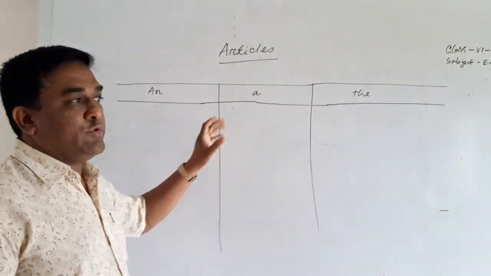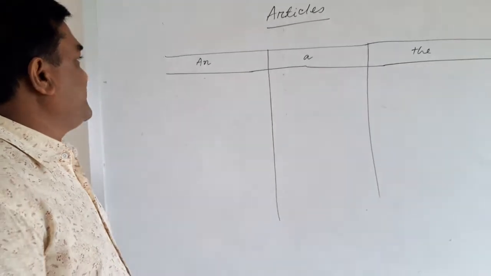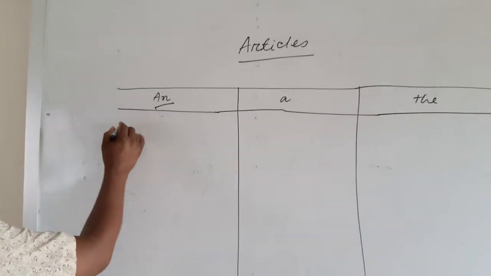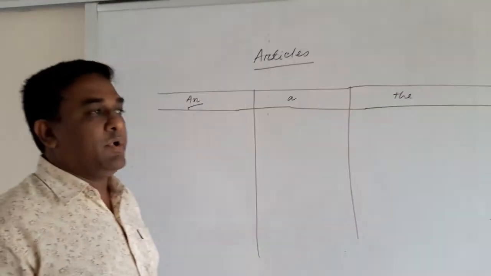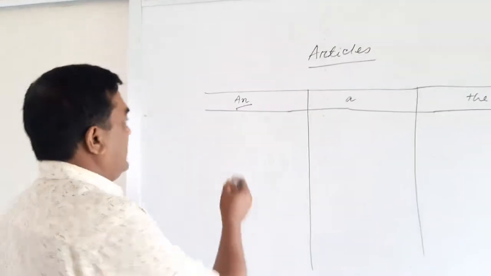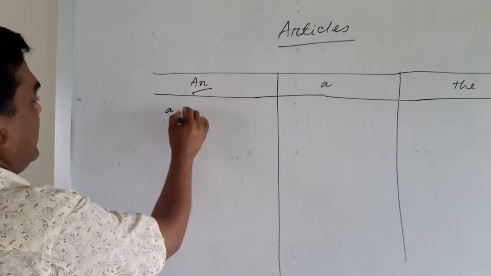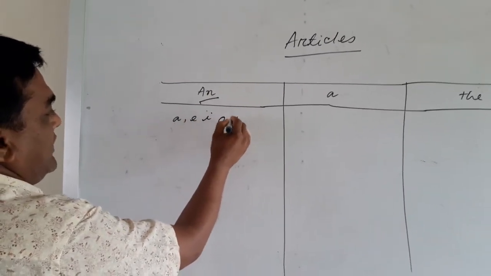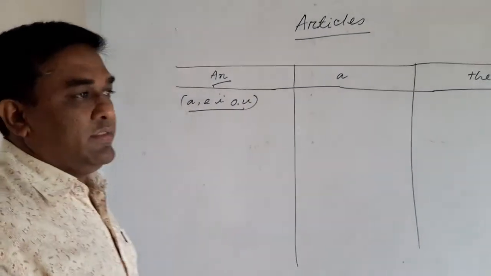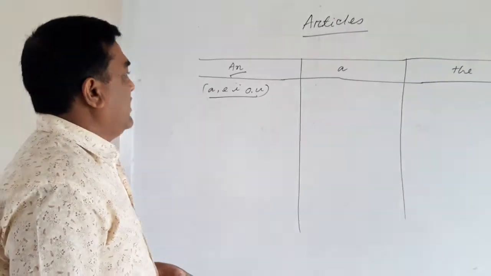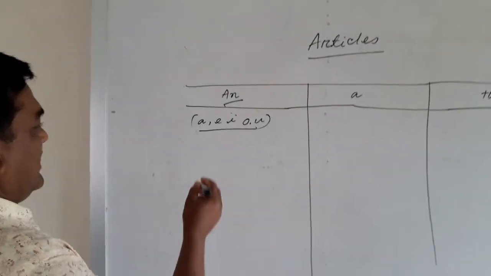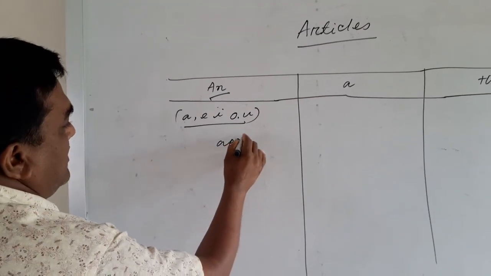Now, I show you some uses of article where we can use N. You know, among the 26 letters, we have 5 vowels. Vowels are A, E, I, O, U. You everybody know these are vowels, and the words which begin with a vowel take N. Suppose apple.